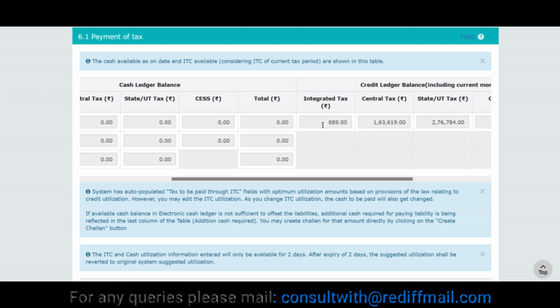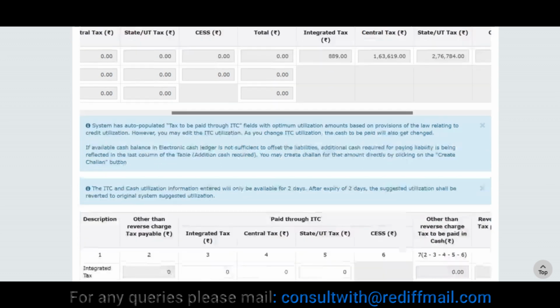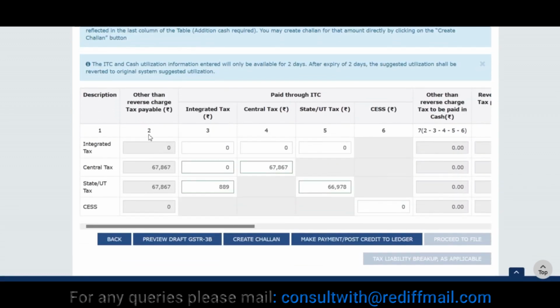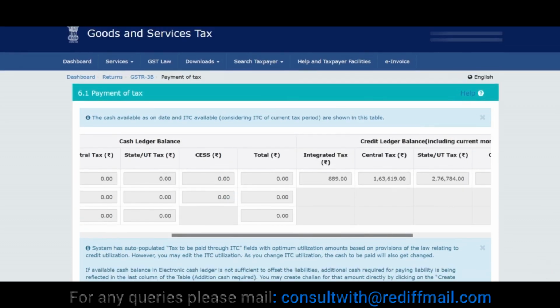This amount is ITC of IGST, ITC of CGST and ITC of SGST, and that much amount is payable. This is also payable. Suppose you want to make this, you can do it also, no issue. But here my emphasis will be that it should be more, because this is more.